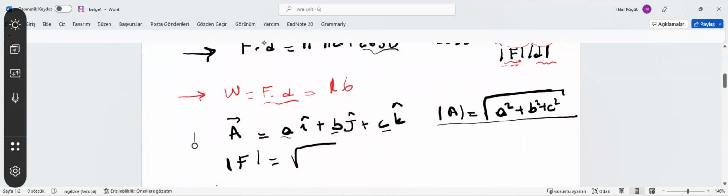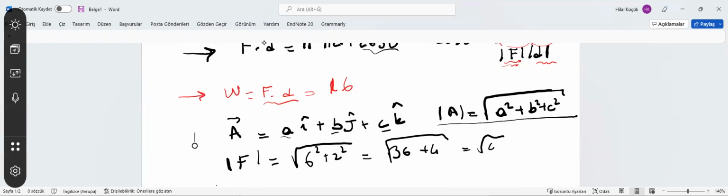So you need to take 6 square plus 2 square, plus the same thing. I don't remember. Maybe I already solved this question. I don't know. It will be 40.